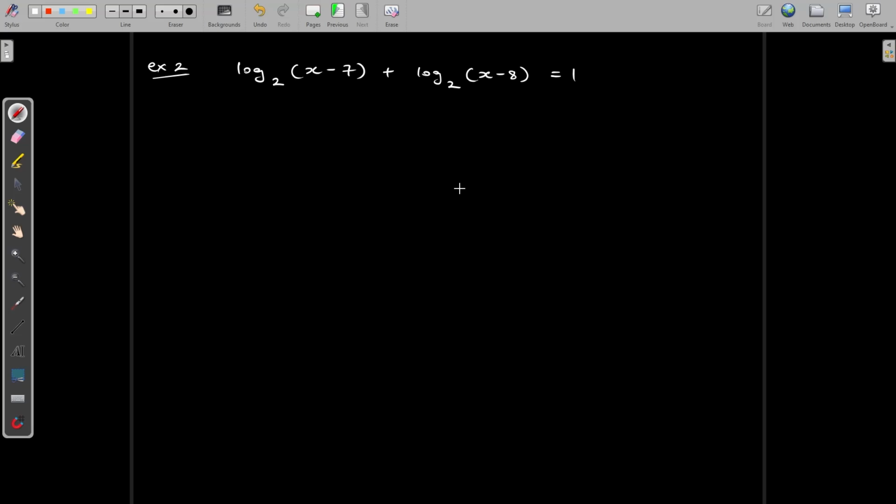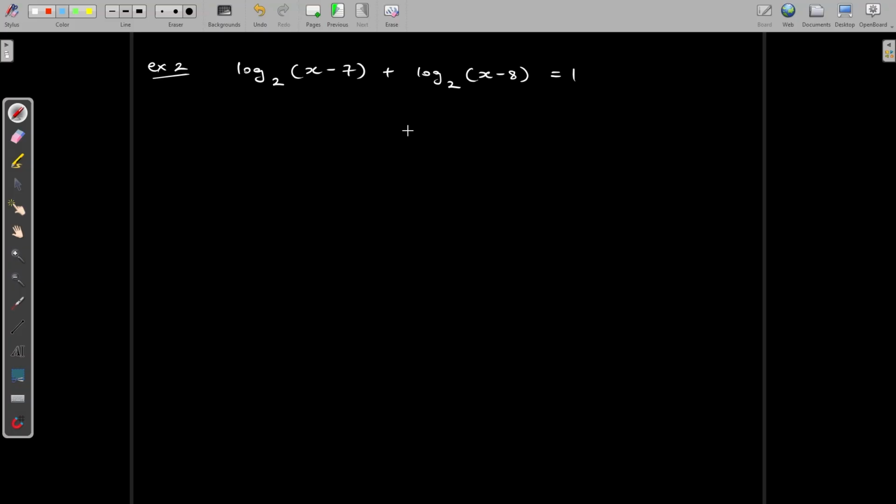In this case, we can't just convert this to an exponential equation, right? Because we have log of 2 different things. We can't just say 2 to the first power equals that. We'll have to apply one of the log laws before we can bring this to its exponential form. So which one of the laws do you think can be applied here?